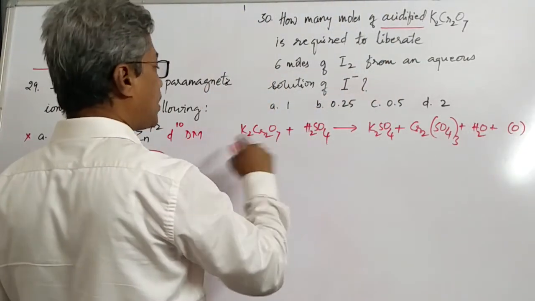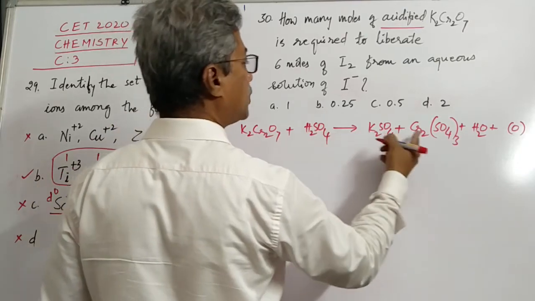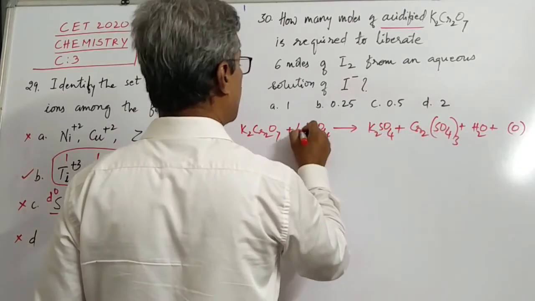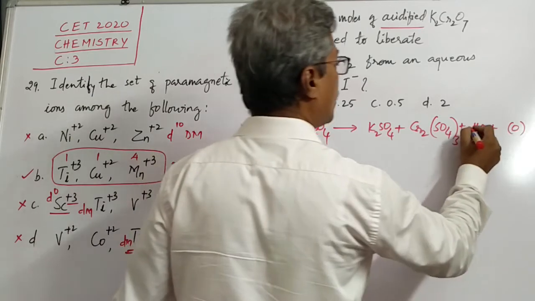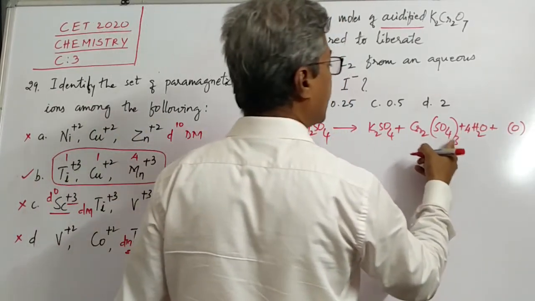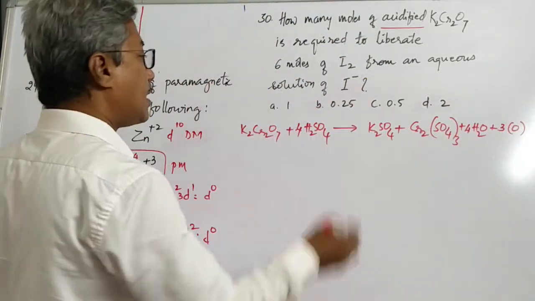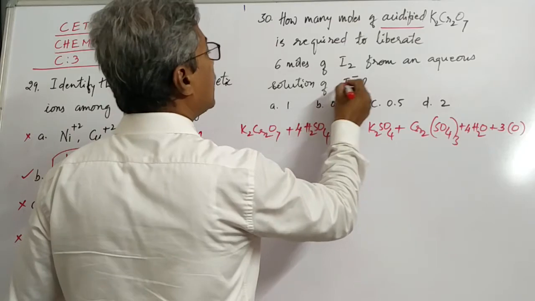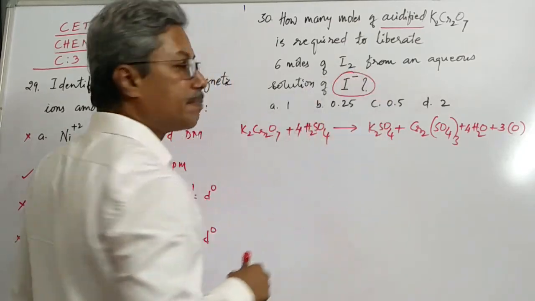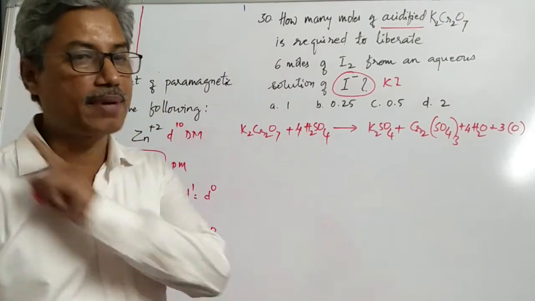Upon balancing this, what we get is 2K, Cr2, SO4 thrice, and 4 H2SO4, which means 4 H2O. On the left, 7 plus 16 gives 23 O's; here 12 plus 4 is 16, plus 4 is 20, plus 3 gives 23 O's. Now to make this equation simple, we write the potassium salt, potassium iodide.